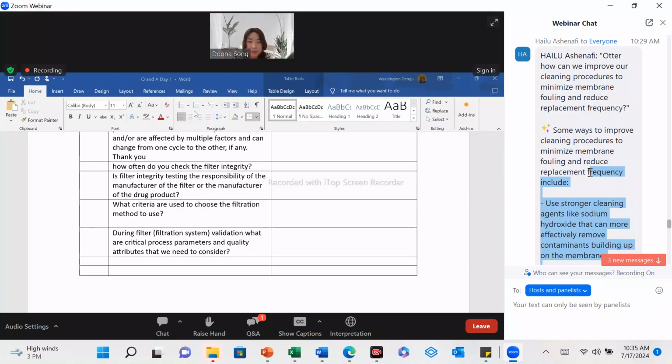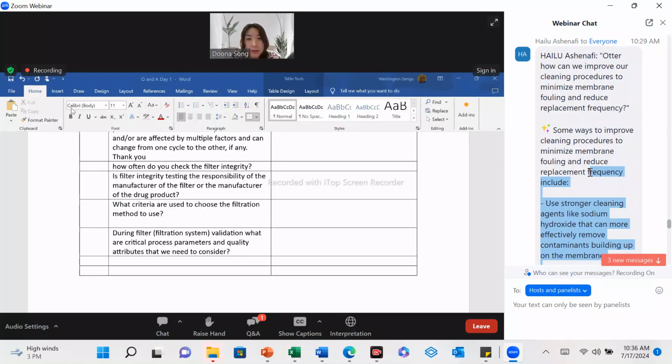So sometimes often or all the time, but some companies do it just the first time, or differently from the company's guideline. But for sterilization filtration, always, every time, before use and after use.